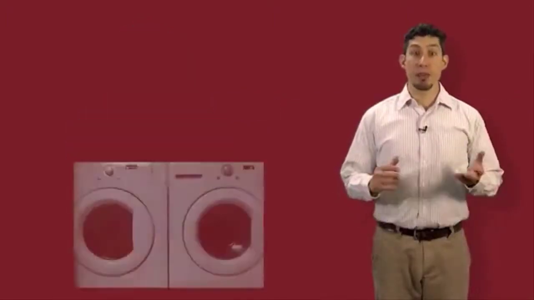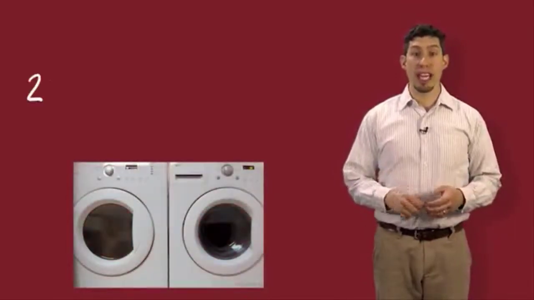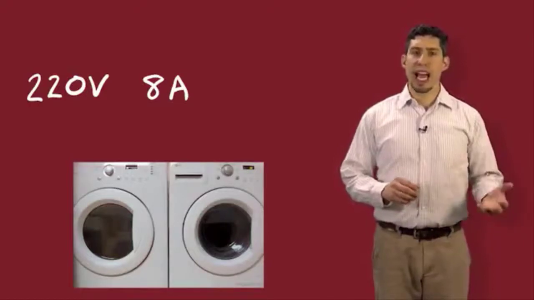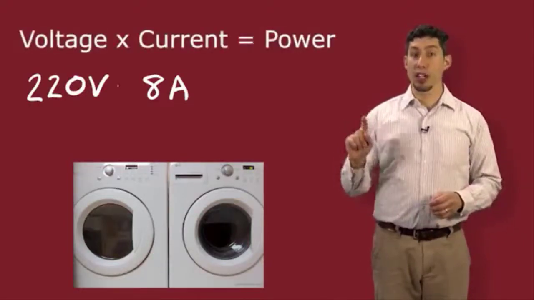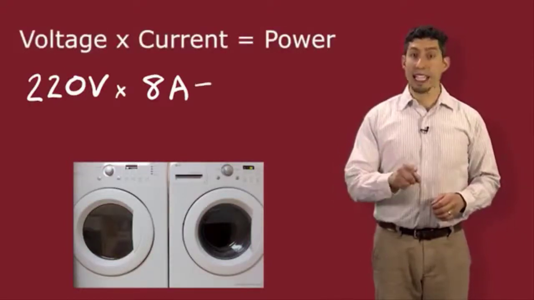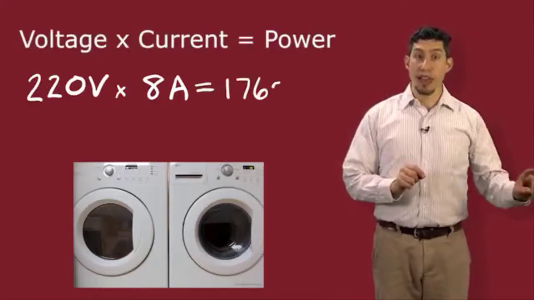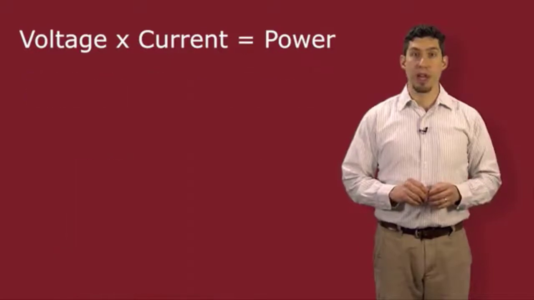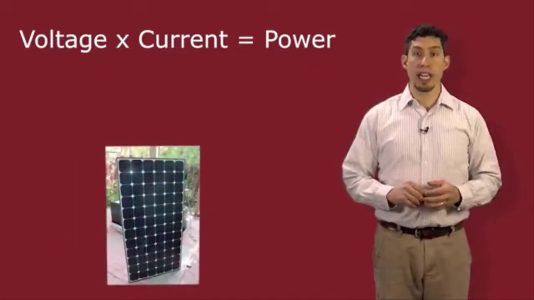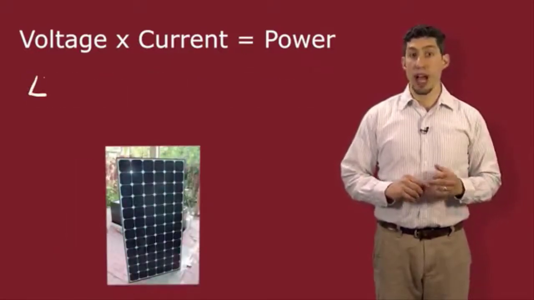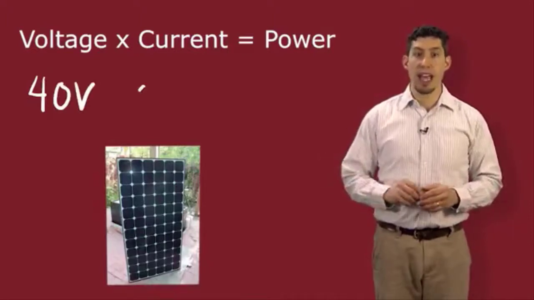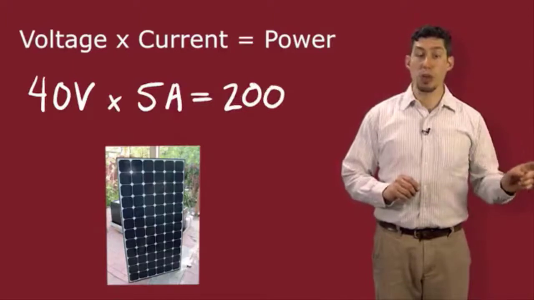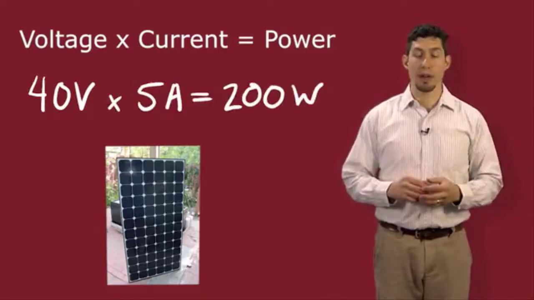As an example, you might look at a clothes dryer which operates at 220 volts and 8 amps. So we can calculate the power by multiplying 220 volts by 8 amps, which equals 1,760 watts when in use. Another example would be a photovoltaic panel which outputs 40 volts at 5 amps. Multiplying those together, we would get 200 watts when operating.